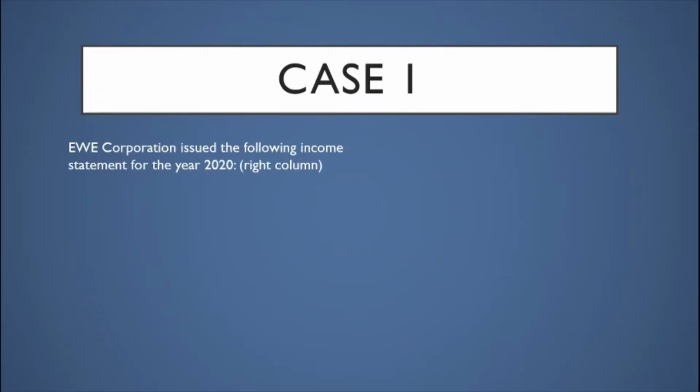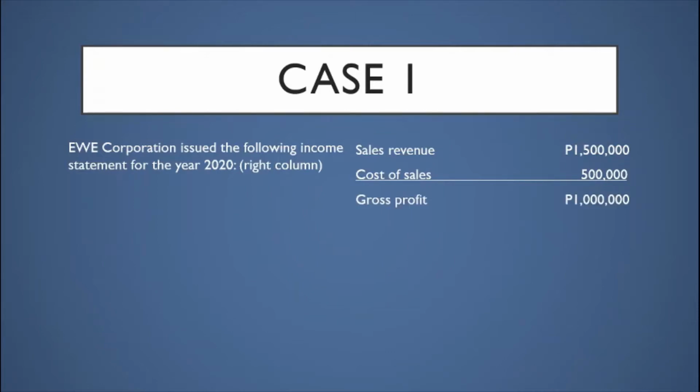PRW Corporation issued the following income statement for the year 2020. Sales revenue, 1.5 million. Cost of sales, 500,000. Gross profit, 1 million pesos. Operating expenses, 200,000 pesos.